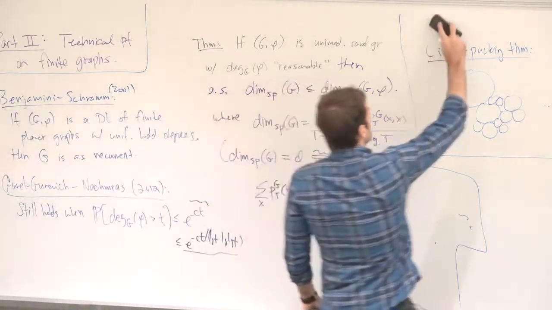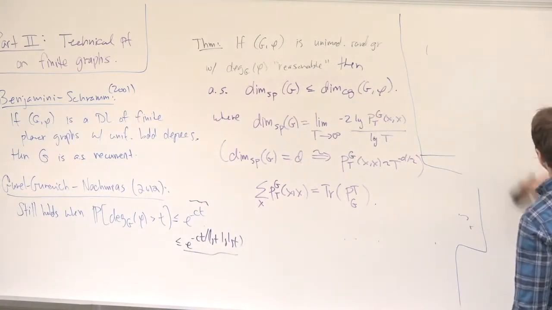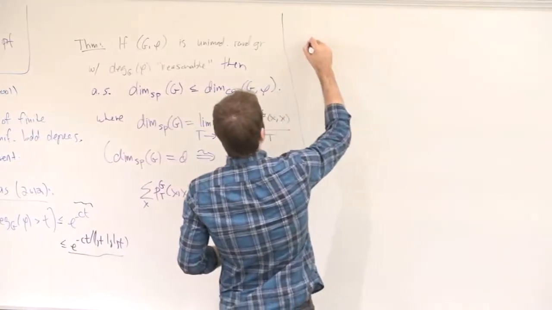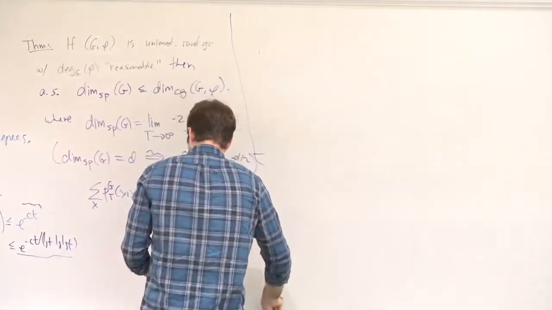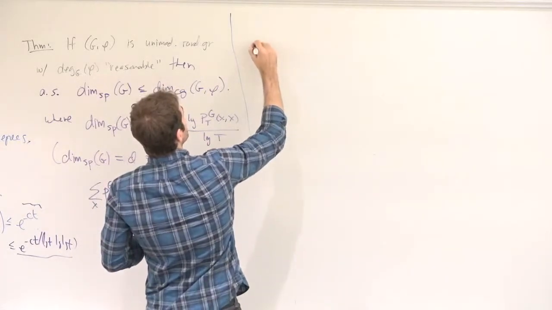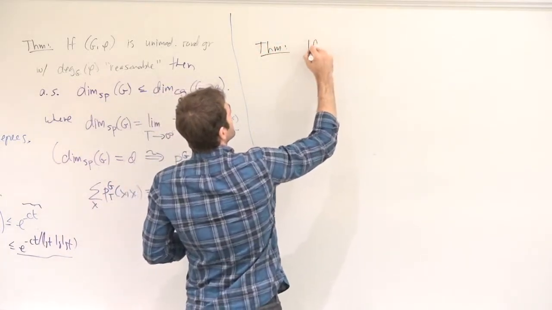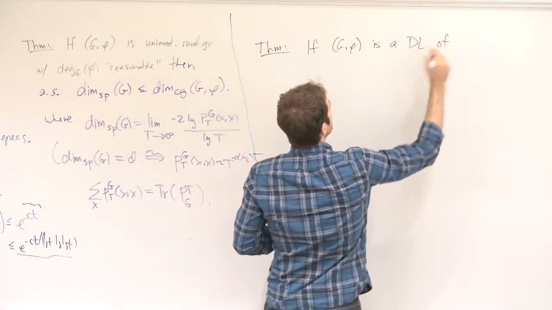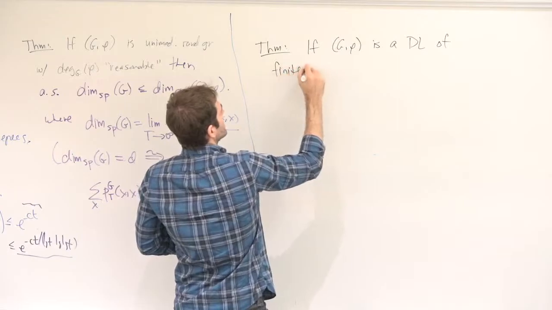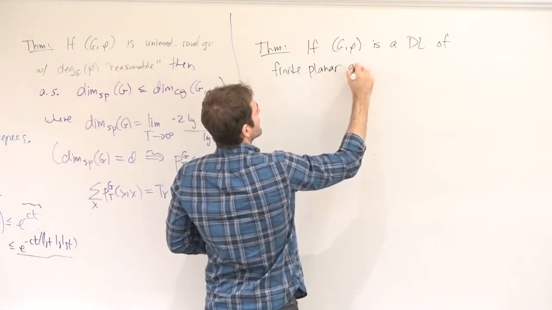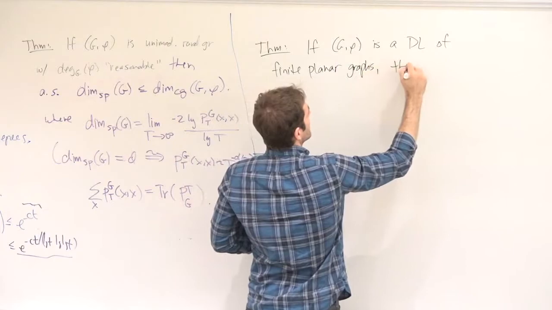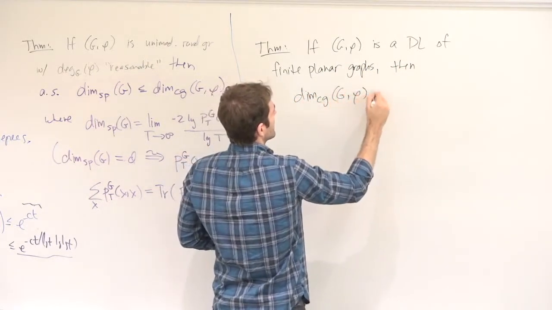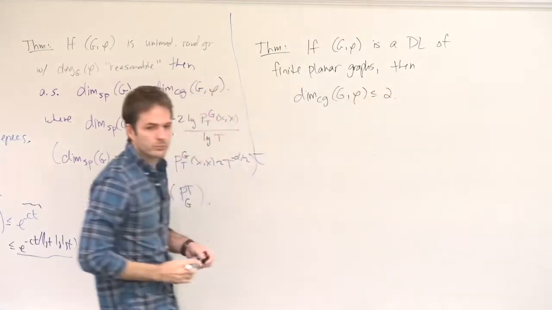And then for this to be interesting, you should be able to say something about graphs that have a small growth exponent. So here is another, this pen is running out. Okay, so here is a theorem that if G is a distributional limit of finite planar graphs, then the conformal growth exponent is bounded by 2.